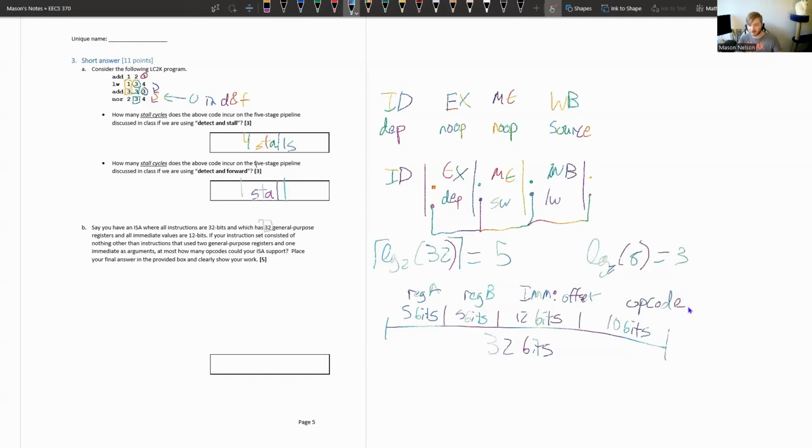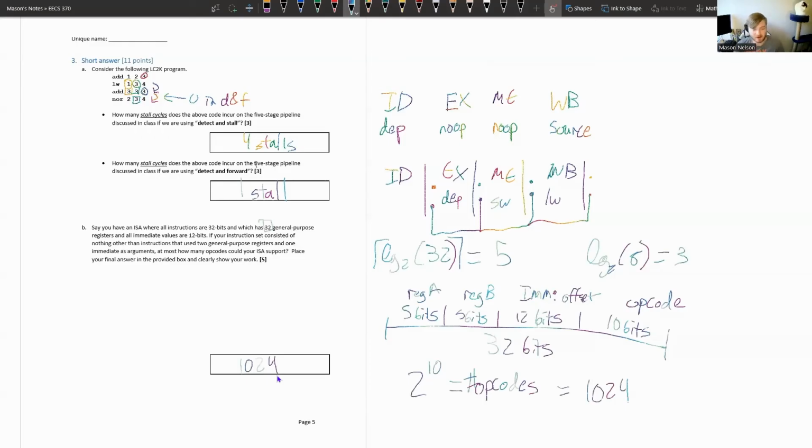Doing the reverse of what we did with our registers, if we have 10 bits, then we take 2 to the number of bits, which is 10, and that tells us how many opcodes we can support. 2 to the power 10 is 1024, and so our answer would be 1024.